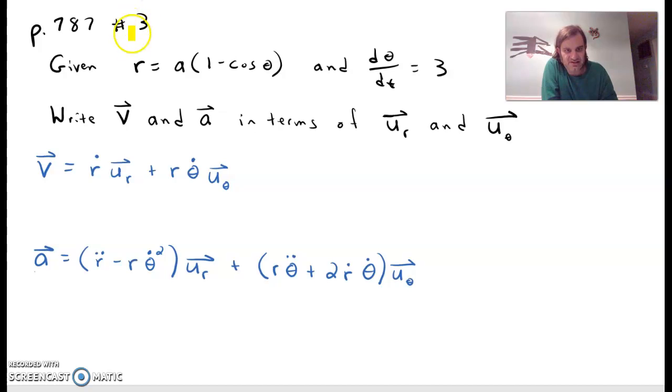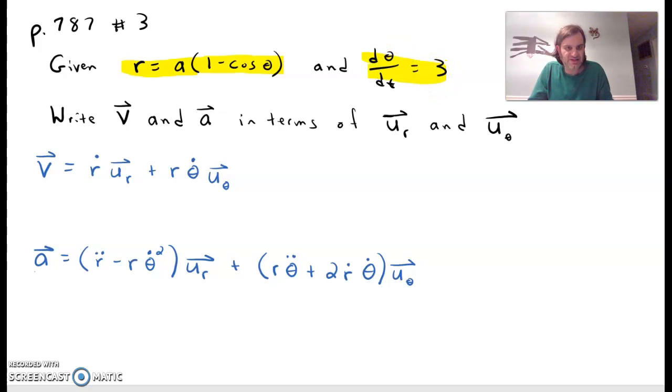We're given a function here, r equals a, which is a constant, times the quantity 1 minus cosine of theta. That is a polar equation. It is not a vector, so that r is not a vector. They also give us the information that d theta dt is 3.